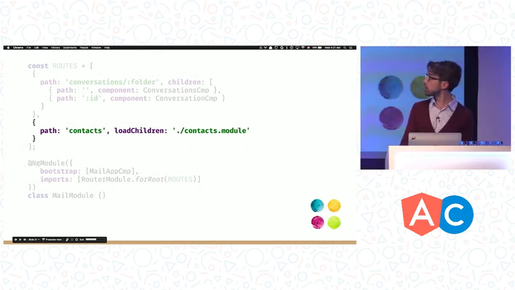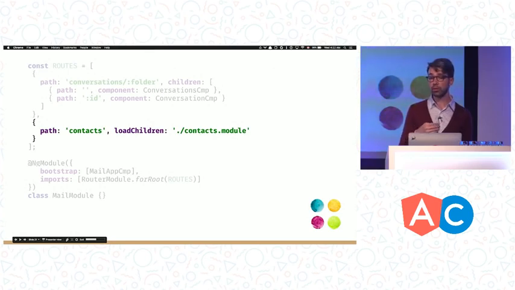By the way, the value you see there, that string context.module, is an opaque token from the router's perspective. So the router doesn't care what it is. It just takes the token and passes it to a module loader. And it's the responsibility of the module loader to load the module and get the configuration out of it. The default module loader we use is System.js based, but you can provide a different one.